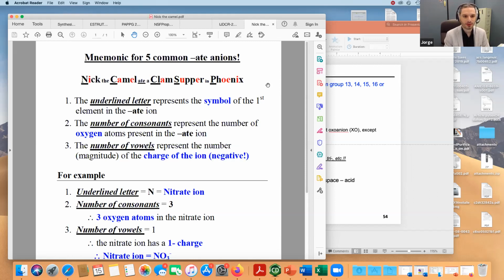So Nick the Camel will give us the formula for the 5 common oxoanions that we are going to use. So let's see how that works.